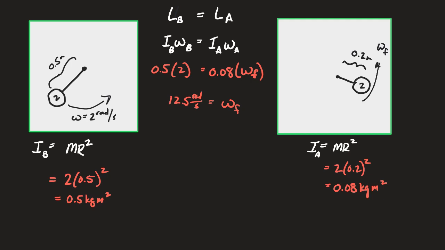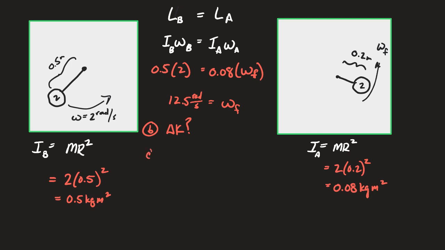Now, I would follow this question up with the same questions that are in question 59. I would ask questions like, what is the change in kinetic energy of the system? This system conserves momentum. It does not conserve energy. So I would ask again, question B, what is the change in kinetic energy of the system? Of course, I probably wouldn't ask it like that.